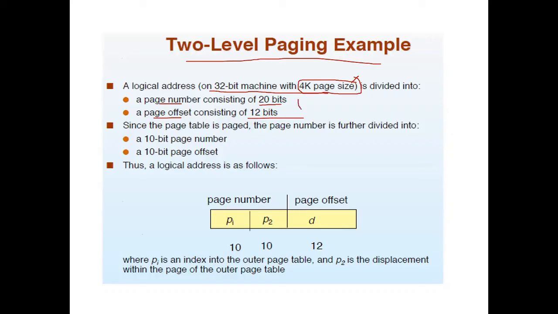So in total it is 32 bits. You can see in this diagram, this is the first page table, and this is the second page table which is divided, and this is the offset. So 10 bits are given to the first page table and 10 bits are given to the second page table. So 20 bits are divided here and 12 bits are for the offset.